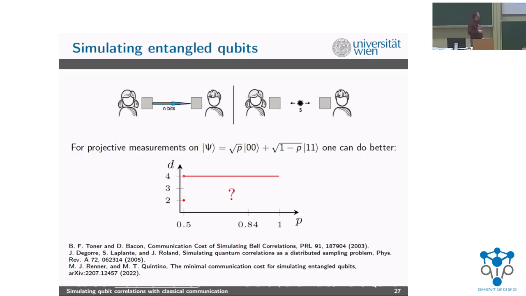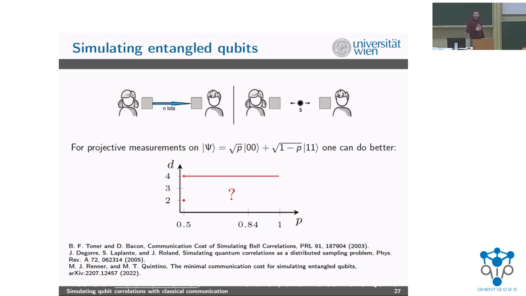Now I will briefly sketch the idea. More precisely, 20 years ago, Toner and Bacon showed that if we restrict to projective measurements, and Alice and Bob share a singlet state, a maximally entangled state, there is a protocol that communicates just 1 bit. But for all other, non-maximally entangled states, it requires 2 bits.